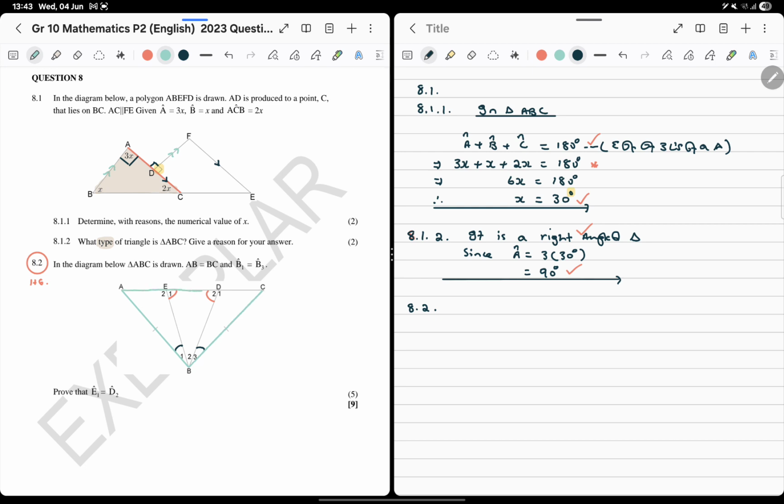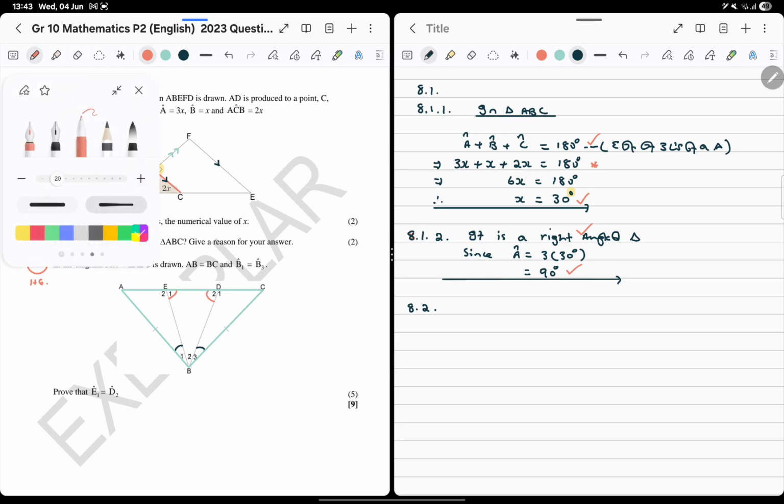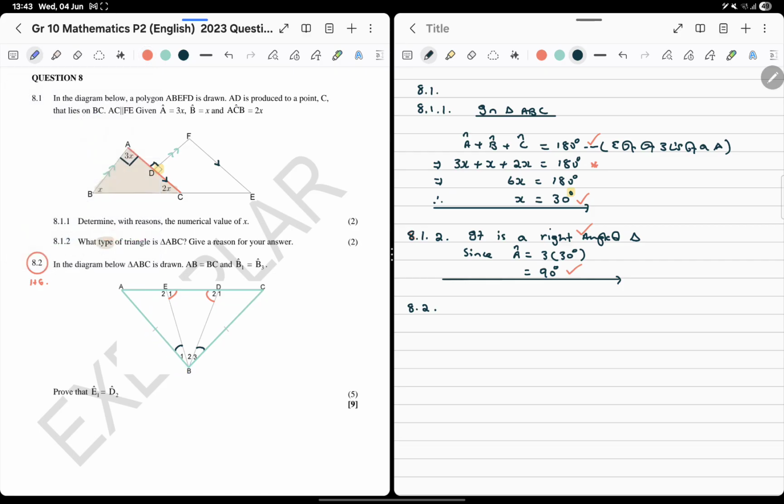right? So if we look at that triangle, we will appreciate that essentially it's an isosceles triangle, meaning this angle is equal to that angle. That needs to come out.